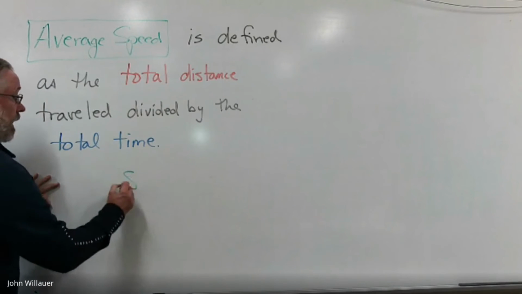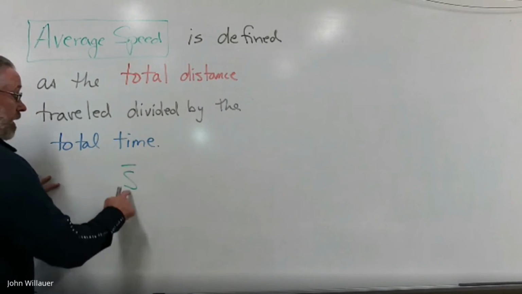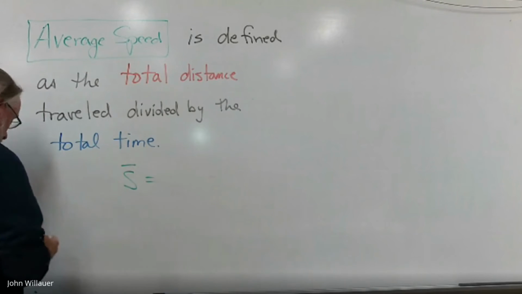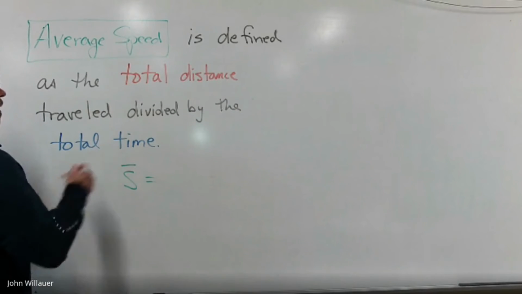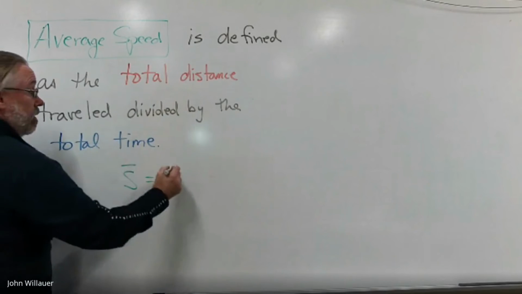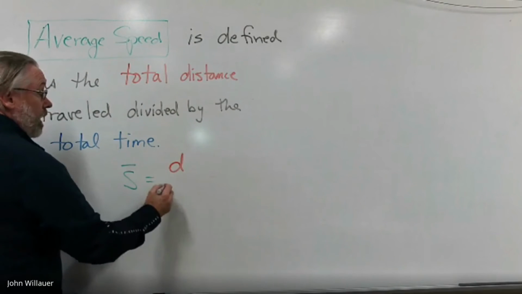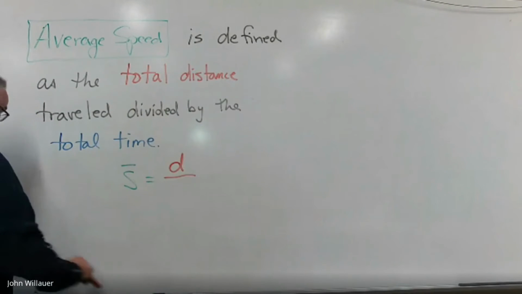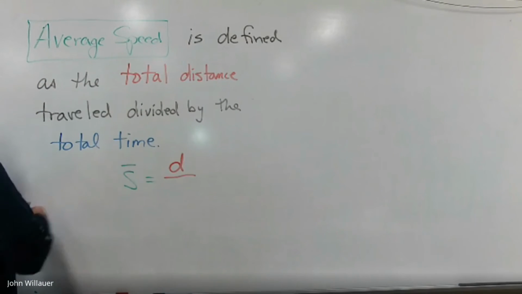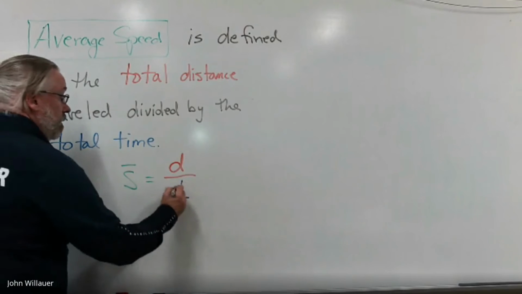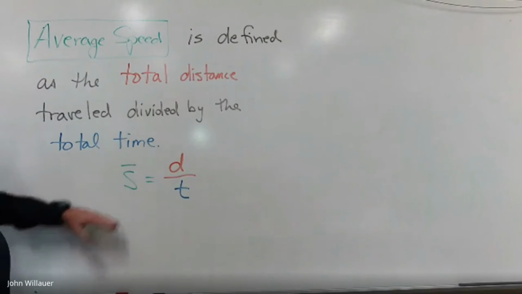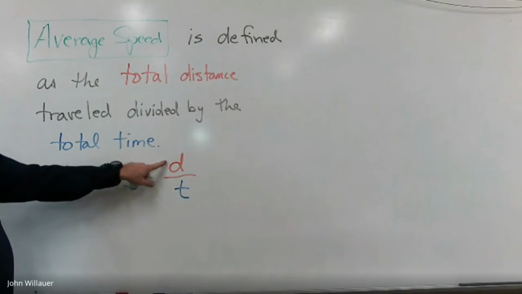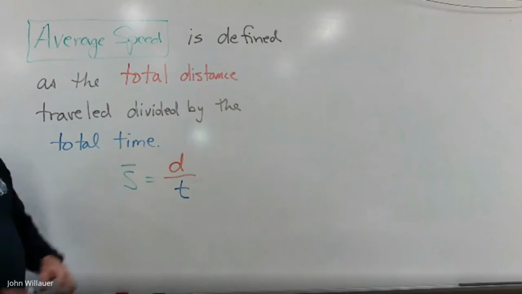S with a bar over the top stands for average speed, and that's going to equal the total distance, which we use a lowercase d for, divided by time, for which we use t. So average speed is defined as the total distance traveled divided by the total time.